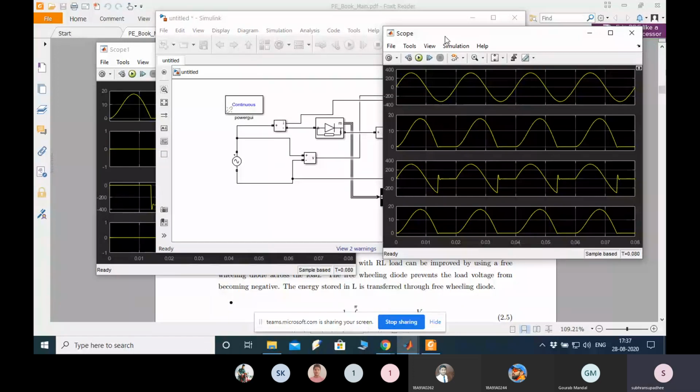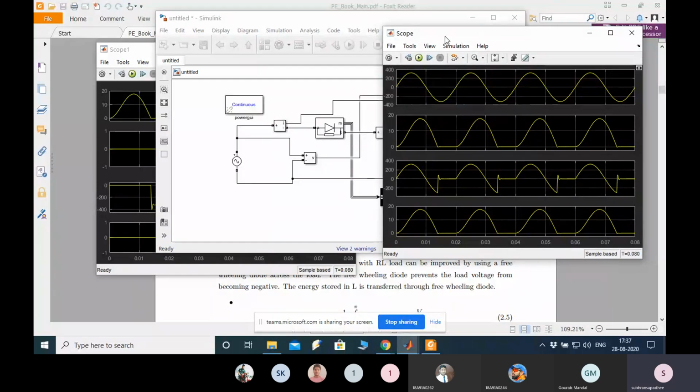Previously, it was acting as a unipolar switch, only one polarity of the voltage. Till now, what you have seen was only the positive part of the voltage, but now, due to the value of L, it is acting as a bipolar switch.